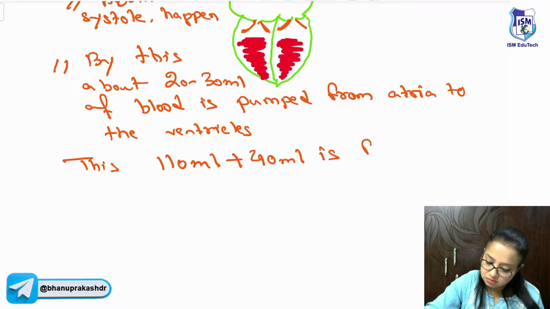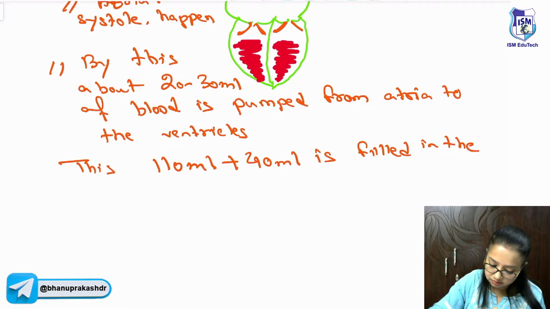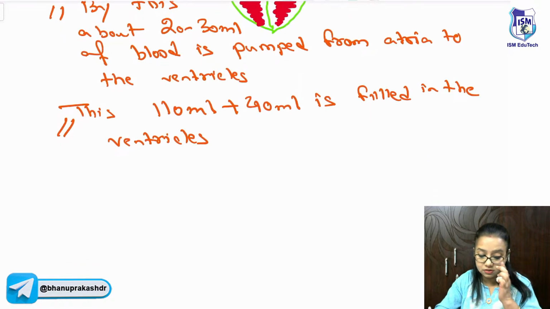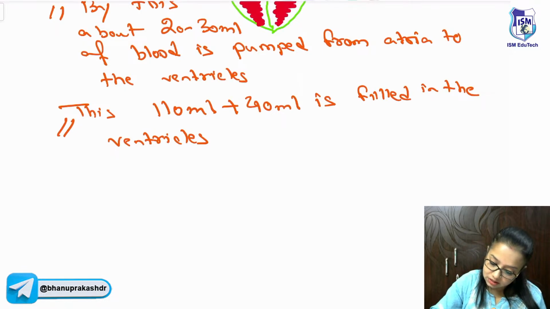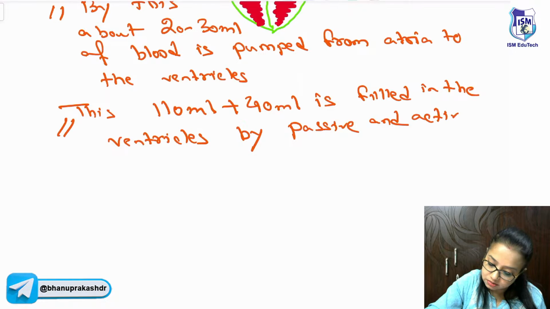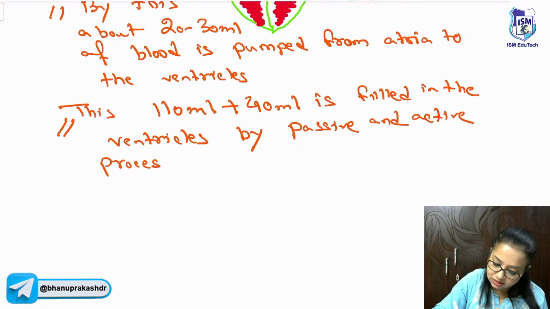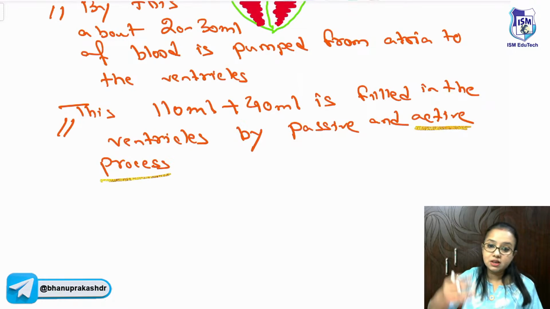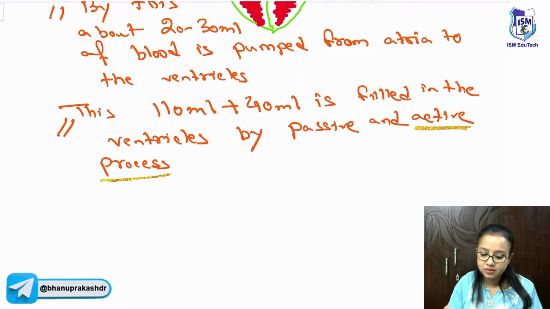This is filled in the ventricles. Remember, both ventricles, by passive and active process. So the passive process, we understood what it was, and this contraction of the atrium additionally fills another 25 to 35 or 40 ml.